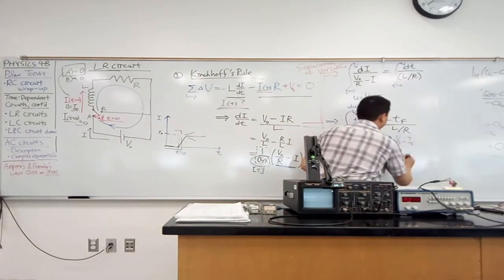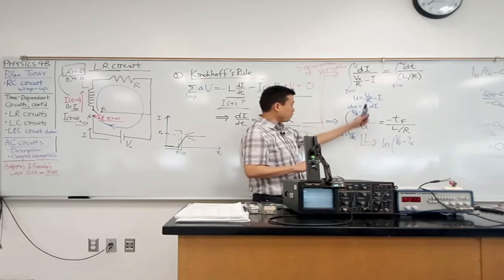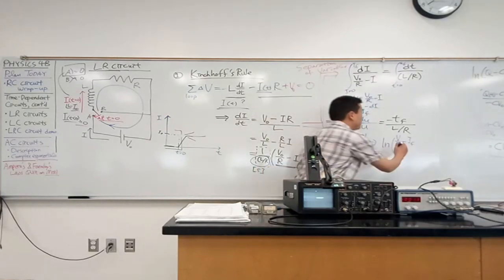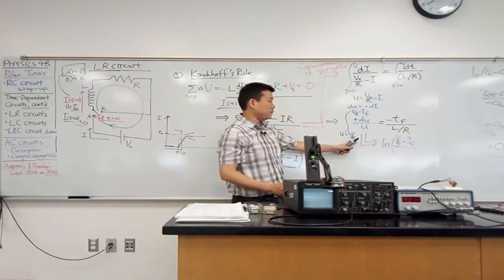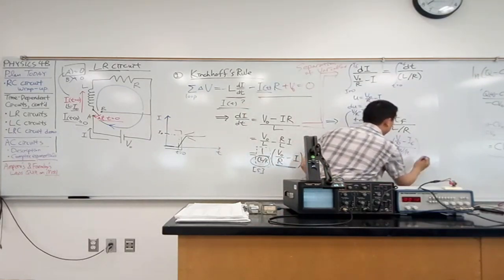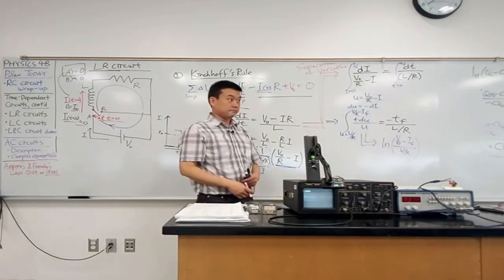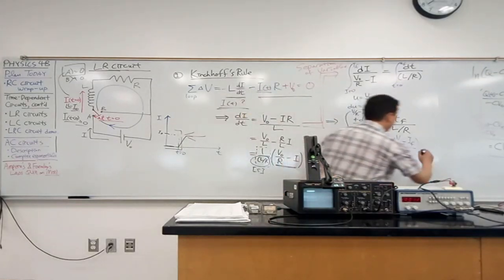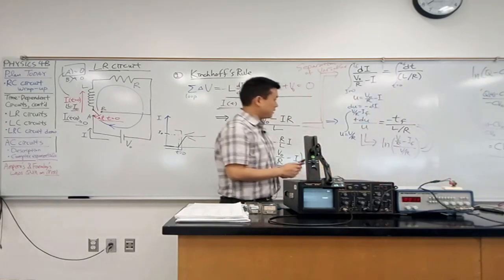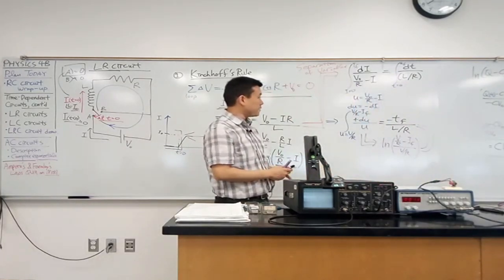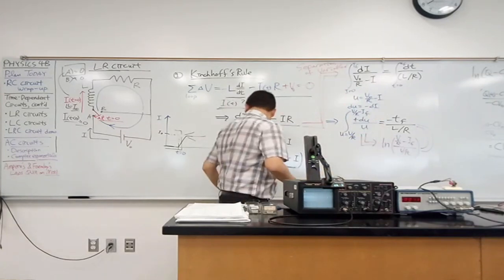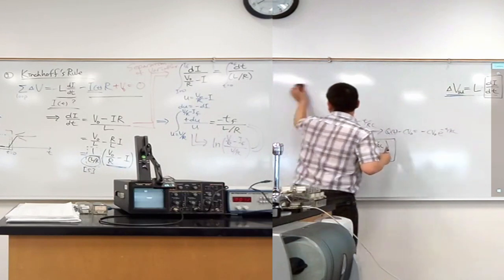So natural log of this minus natural log of this simplifies to natural log of the upper limit divided by the lower limit. Close. Good? Questions? All right, so all of this is equal to this. So let me write out the cleaned up version over there and solve it for I final. So this is the cleaned up version.